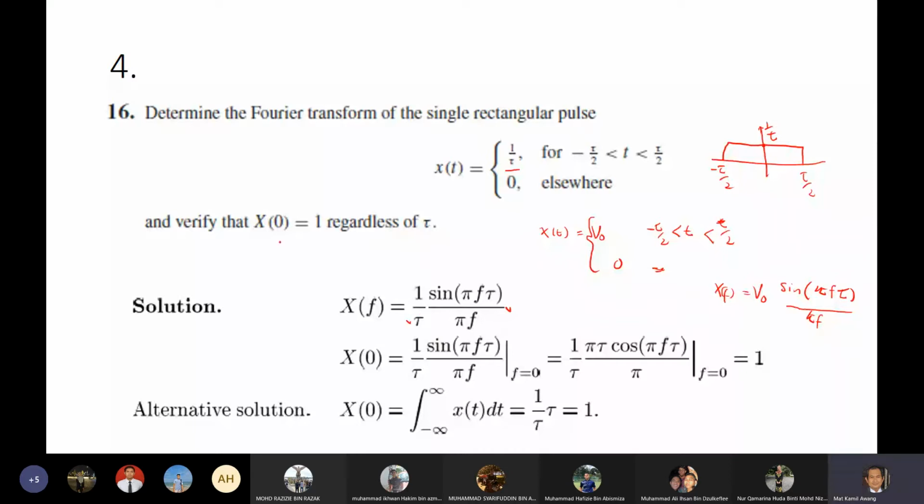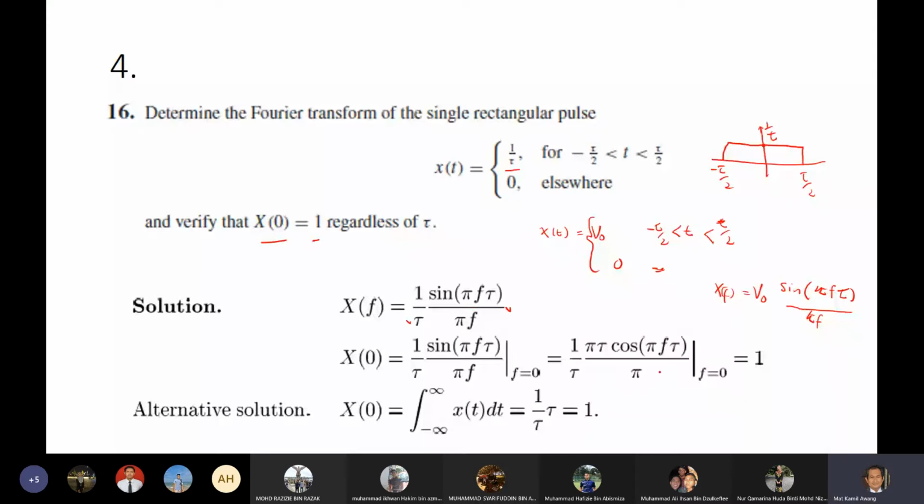So you want to prove that X(0) is equal to 1. At f equal to 0, what happens? It is sine of 0 divided by 0. Anything over 0 is undetermined, right?